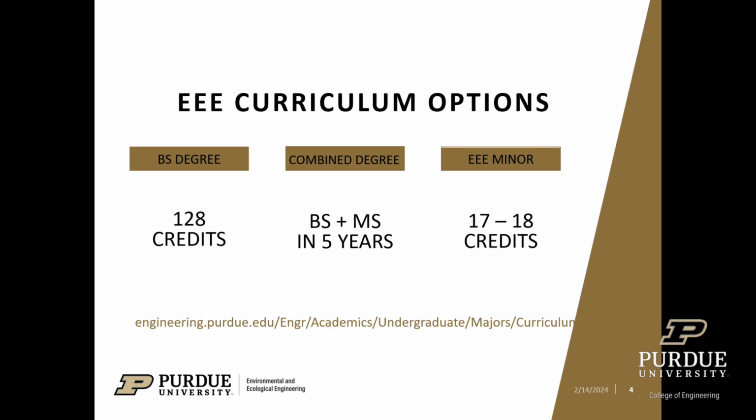And then looking at the EEE minor, we require 17 to 18 credits, depending on the course requirements that you choose to take. There's 4 required courses and then 2 selectives that students get to choose. For the minor, that oftentimes will dovetail very nicely into any of the other engineering disciplines. So I understand with the number of students that are viewing this presentation, probably not all of you are going to come into the undergraduate program.